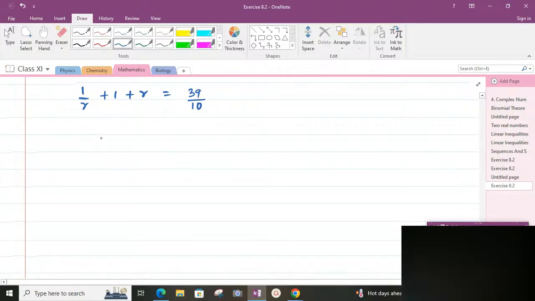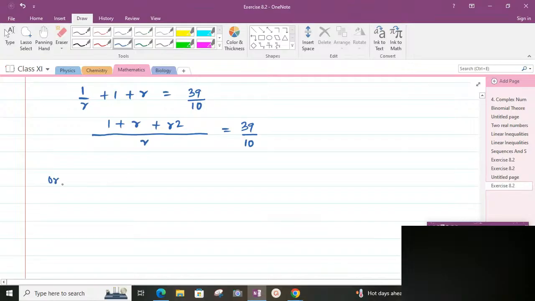So let r be the LCM. Therefore here will be 1 plus r plus r square equal to 39 by 10. Or here will be 10 plus 10r plus 10r square equal to 39r after the cross multiplication.